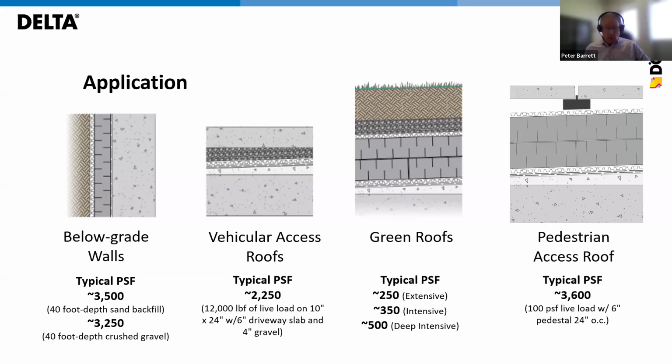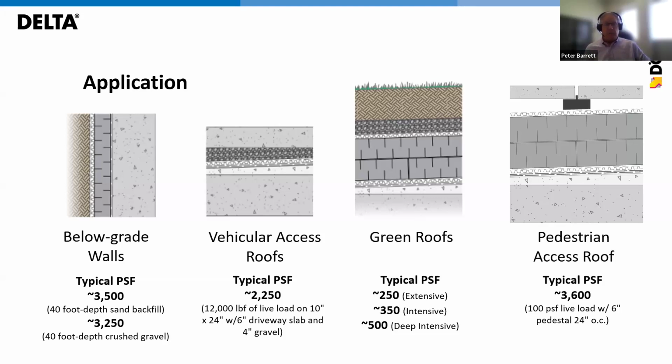As previously mentioned, the required compressive strength of drain board depends on the application and the type of assembly in which it is used. So as you can see, a typical below grade wall will encounter around 3,500 pounds per square foot. If you think back to the demo that we showed you that was running at 3,800, you can see that even at that pressure, it can have significant impact on the flow rates of the drain board put in.